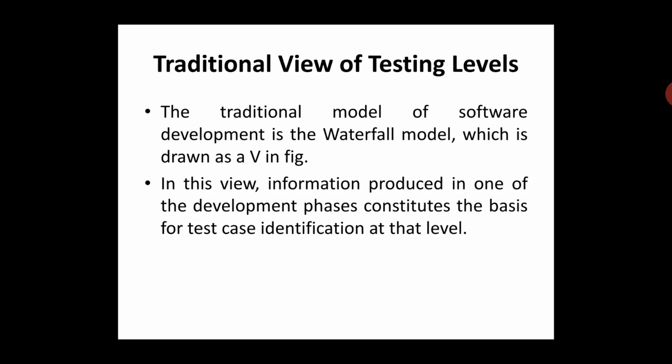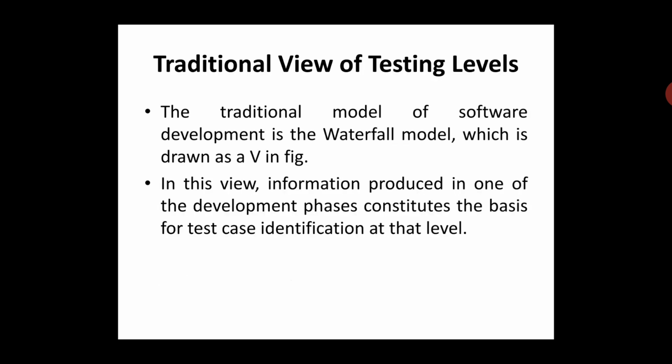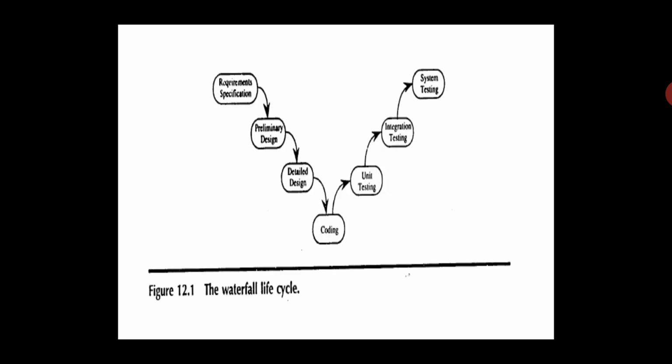For example, the information produced in requirement specification constitutes the basis for test case identification at that level. If you want to see the requirement specification test cases, you only need to refer to that phase, no need to refer to the other phases.